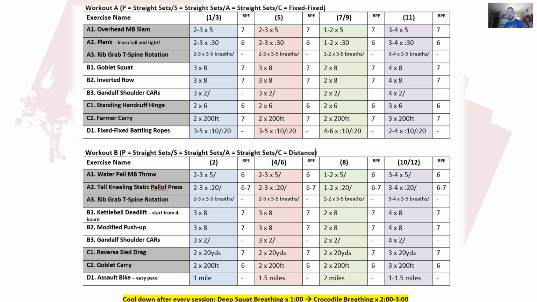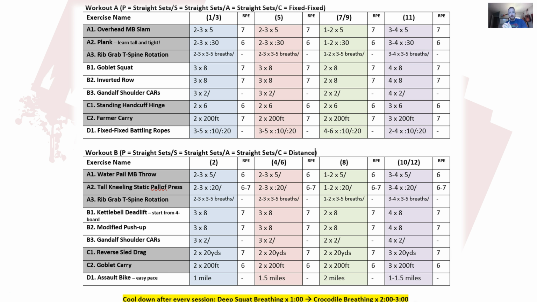Then the following week, they would still be workout A, session 3, still in the blue column for Tuesday, before they would finally go on to the pink column. So if they're training 3 days a week, it's going to take them 4 weeks to get through this program. If they are training 2 days a week, it's going to take them 6 weeks.